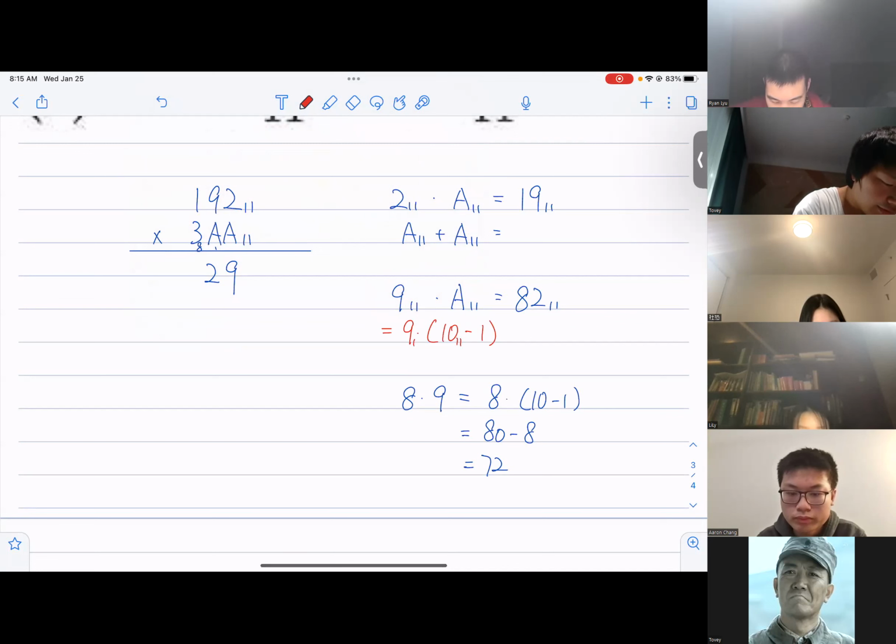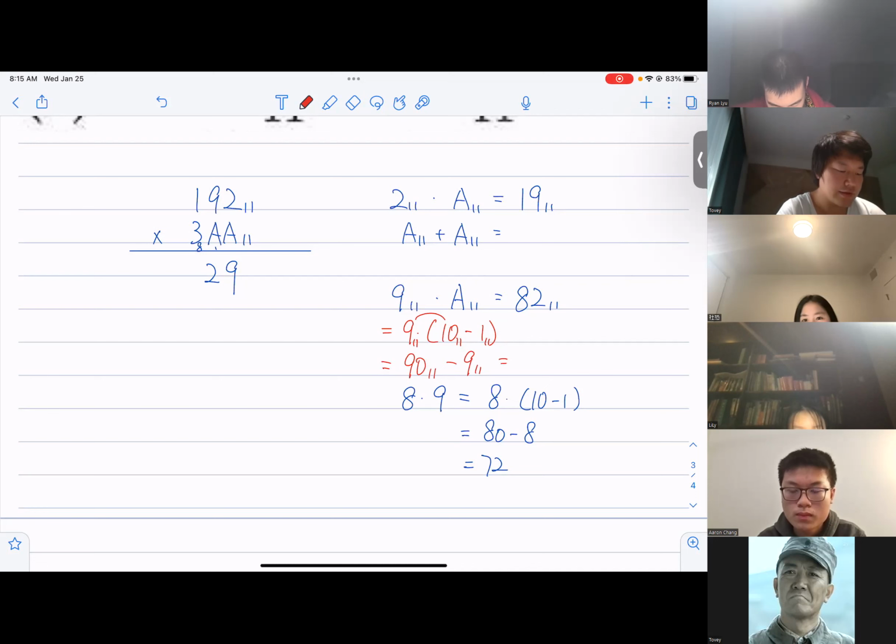A is actually 1, 0 minus 1 in base 11, right? Everything is in base 11. Because A is 10, A plus 1 is 1, 0 in base 11. So we can also do this. And that means 9 times 1, 0. Recall that in any base number system, if you times by 1, 0, you just add a 0 at the end, right? So here is going to be 9, 0 in base 11 minus 9 in base 11.